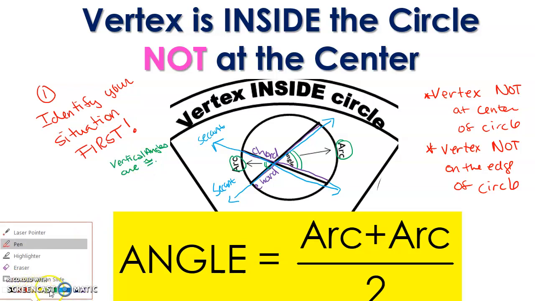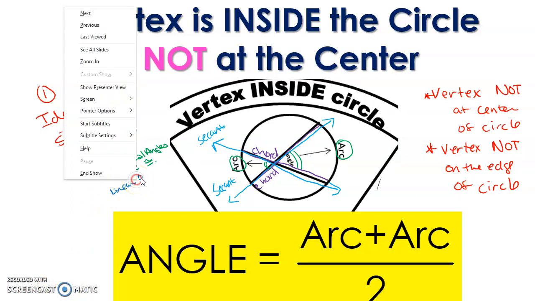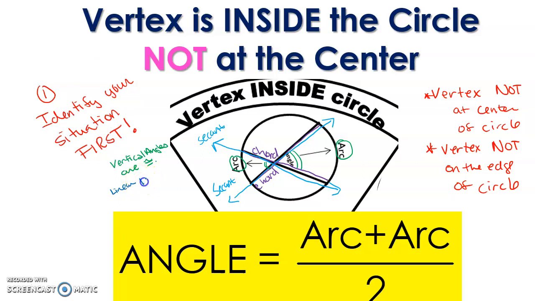Don't forget, we also have some other situations, linear pairs. They're supplementary, so they add up to 180 degrees. So if I knew this angle measure, I could know this angle measure because that's a linear pair.